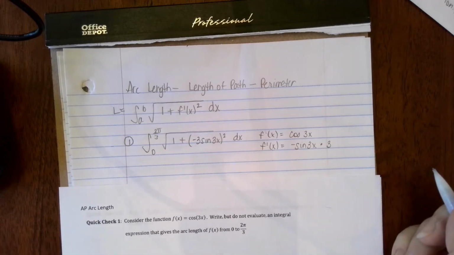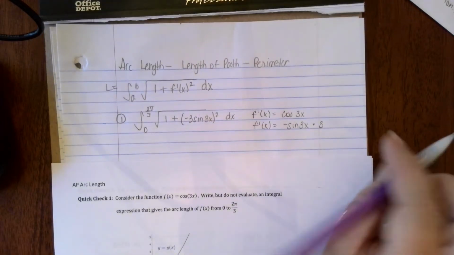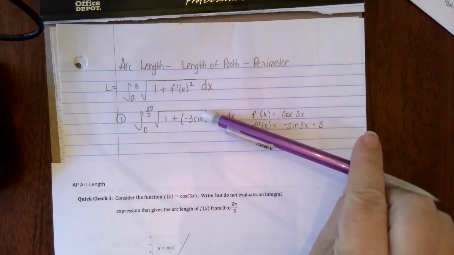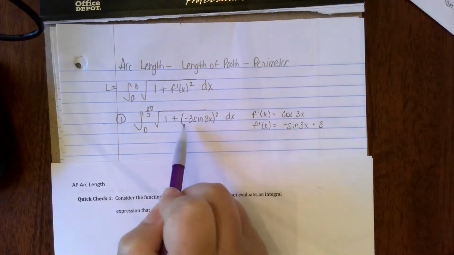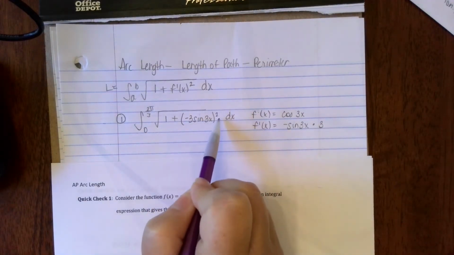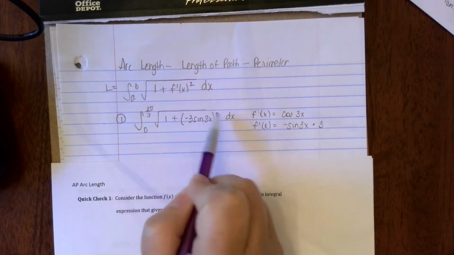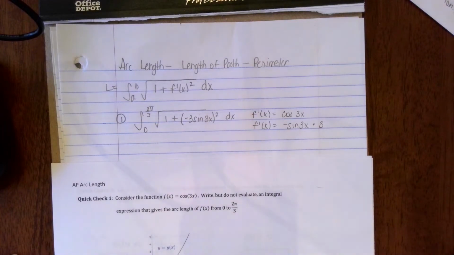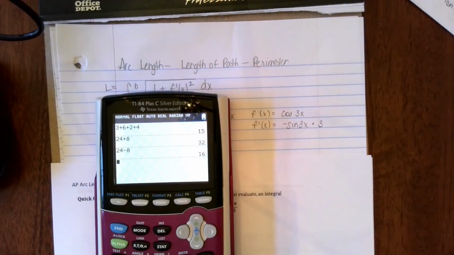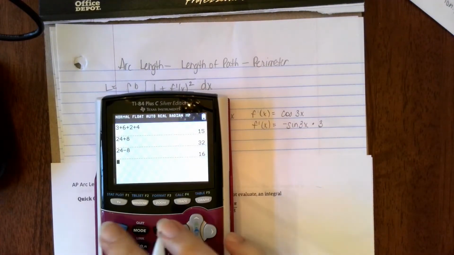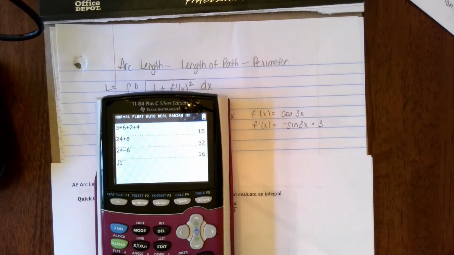Now remember, you've got a calculator, so even if they wanted you to evaluate that, you're putting that in your calculator. Being very careful with where you're putting your parentheses and your squared. Don't put your parentheses and square the 3x. Make sure you're parenthesing the whole thing. And I do want to show you that when you put in sine, let's say we're doing the square root of 1 plus sine.